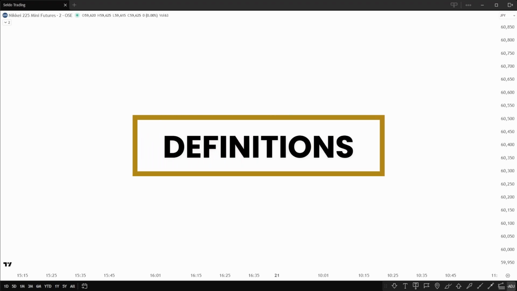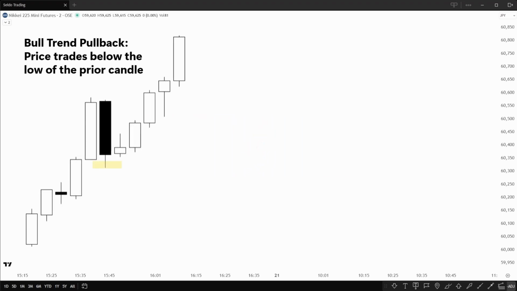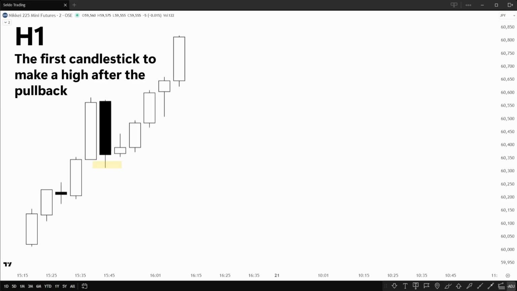Before counting can begin, a pullback needs to be defined. A pullback is any candlestick that trades below the low of the prior candle in a bull trend, or above the high of the prior candle in a bear trend. After a pullback in a bull trend, traders are watching for the first candlestick to trade above the high of the prior candle.